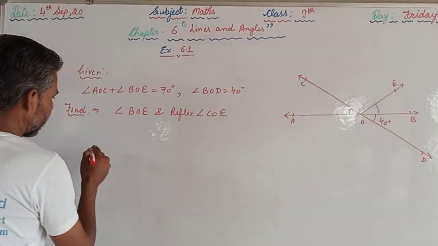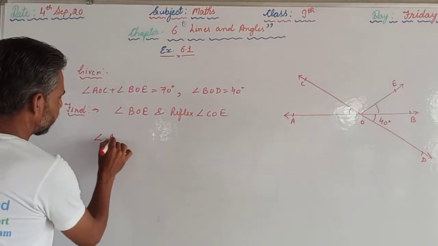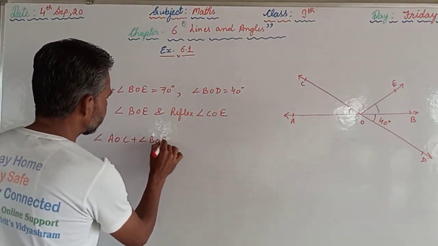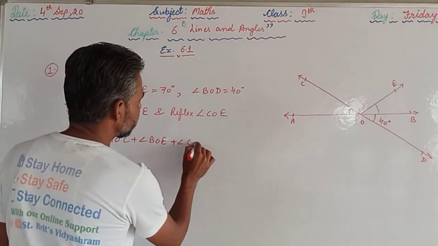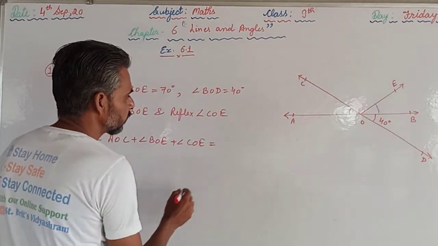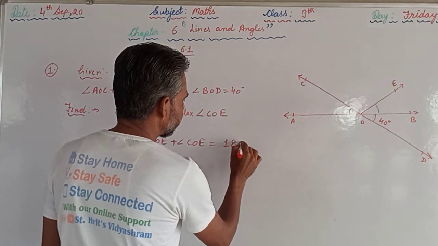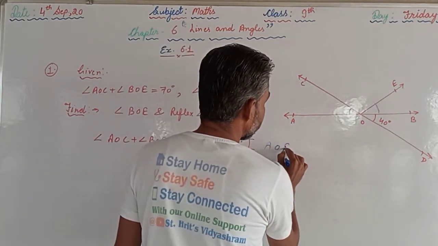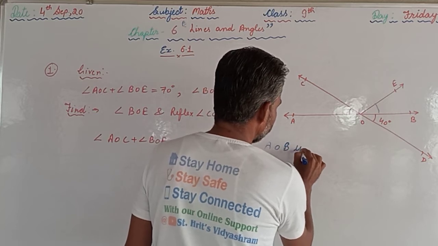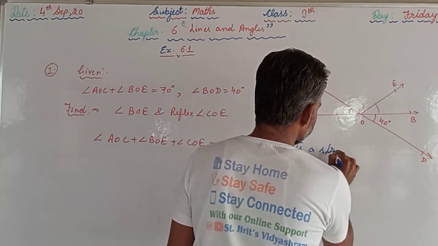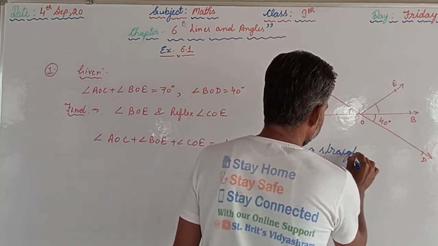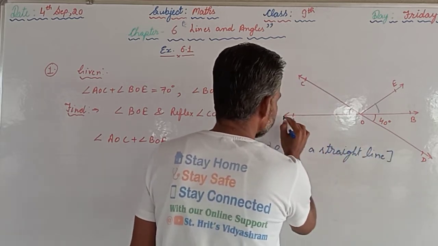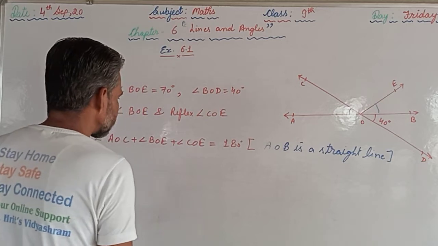So angle AOC plus angle BOE plus angle COE will be equal to 180 degree. Why? Because AOB is a straight line, means it is a straight angle.